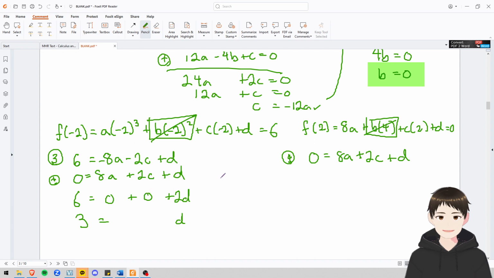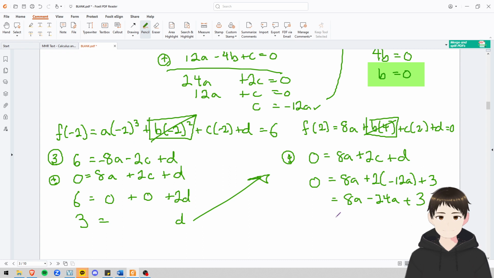D is 3. All right, so just because I don't have any space here, how about I bring D on this side? 0 is equal to 8a plus 2 times c plus d. We have 8a minus 24a plus 3, which is equal to negative 16a plus 3.